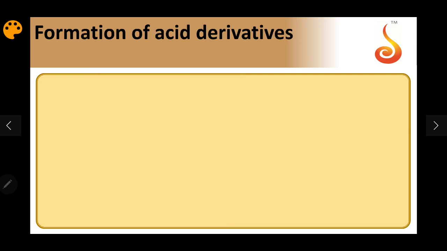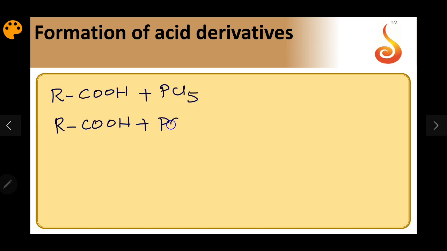Formation of acid derivatives. First, acid chloride. From RCOOH, for acid chloride I can use three reagents: PCl5, PCl3 or SOCl2, similar to alcohols.